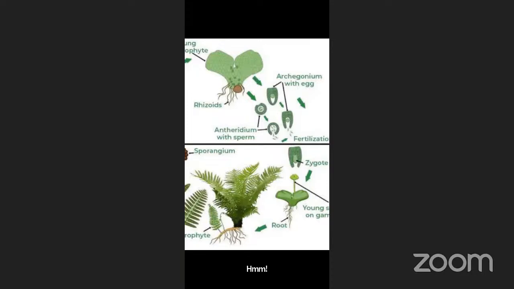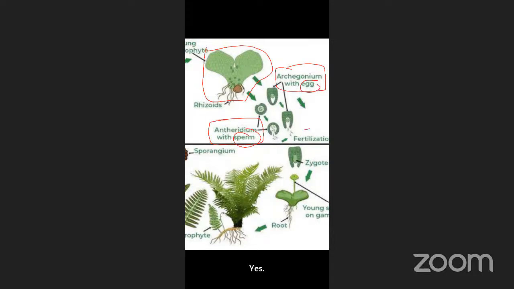On the gametophyte, what are developed? Archegonium and antheridium, the reproductive organs. The male one is antheridium and the female one is archegonium. Antheridium produces sperm or male gametes, right? And archegonium produces the female gamete or egg.